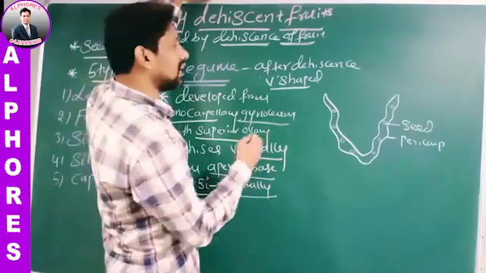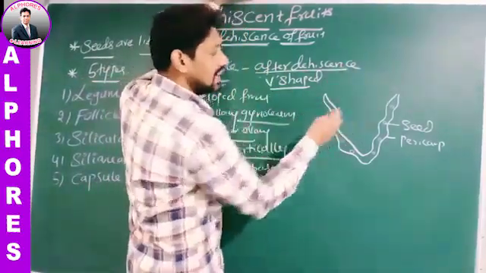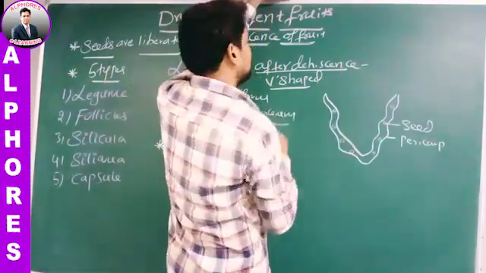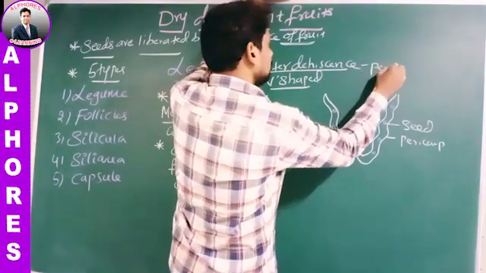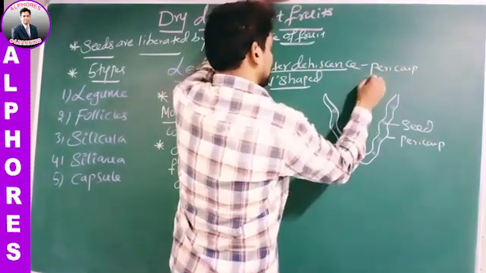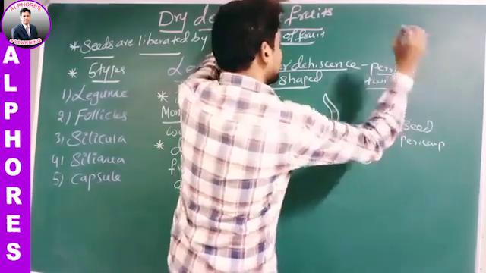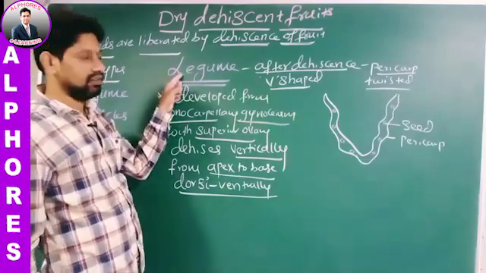After dehiscence, this pericarp is twisted. What is twisted? The pericarp is twisted. Now go for examples of legume.